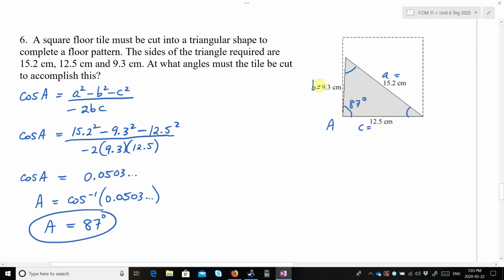Okay, and since I labeled this side little b, then across from it, this angle is going to be capital B, and across from little c is going to be angle capital C.